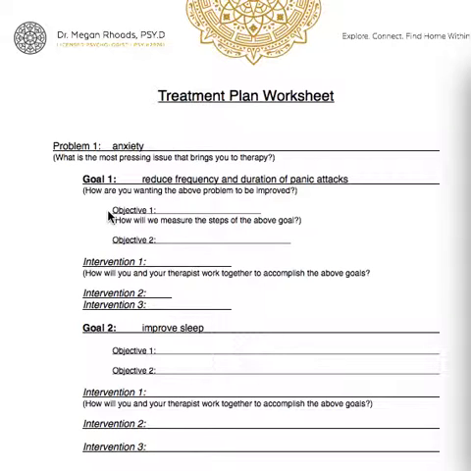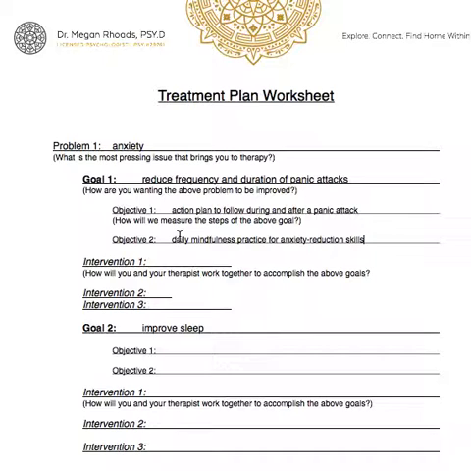But what we can have you do in an effort to reduce the frequency or the duration of your panic attacks is, one would be to maybe create an action plan for you to follow during and after a panic attack. Another thing might be that you are going to create and practice a daily mindfulness exercise. Let's get that in there for you to have some anxiety reduction skills.